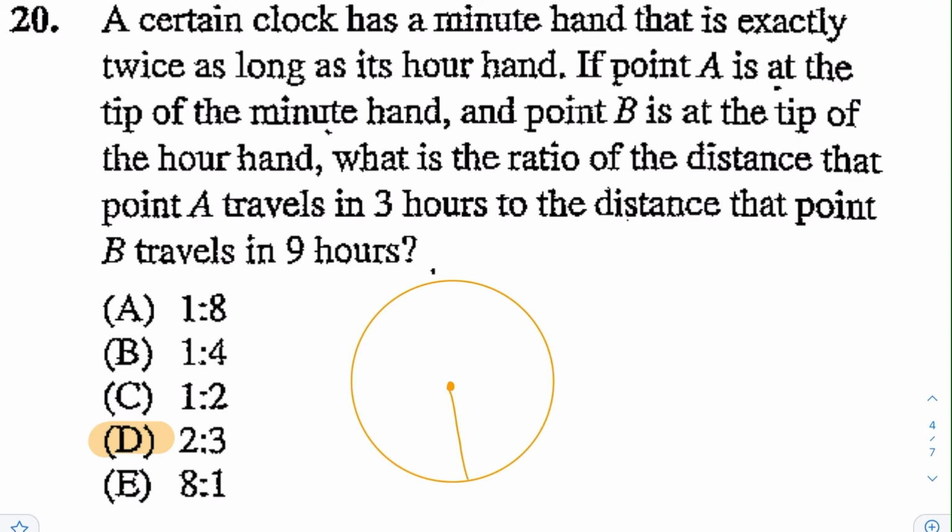So we can have the minute hand extending to the edge, whereas the hour hand only goes halfway. If you call the radius of the hour hand h, you can see that it's essentially two smaller circles here. So if we call this hour hand h, the minute hand will be 2h as the radius.